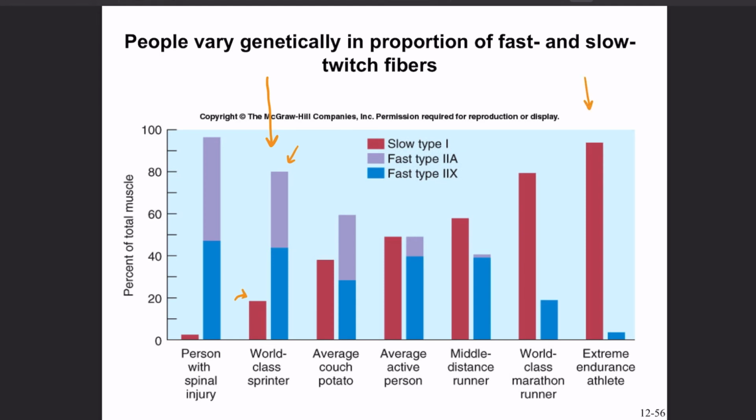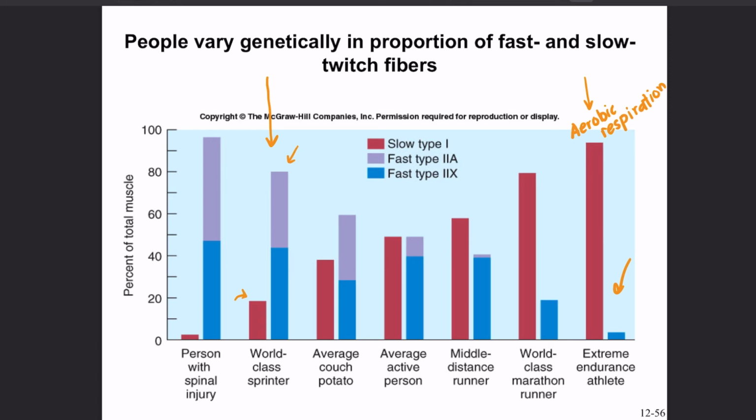Compare that to somebody who runs ultra marathons. They definitely would have way more slow twitch fibers because their body is capable of doing aerobic respiration at a high rate, and so they likely have a really low amount of fast twitch fibers.